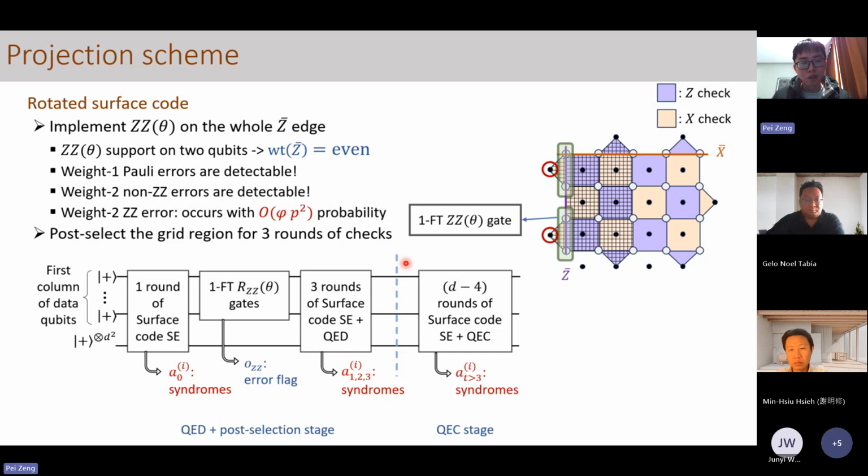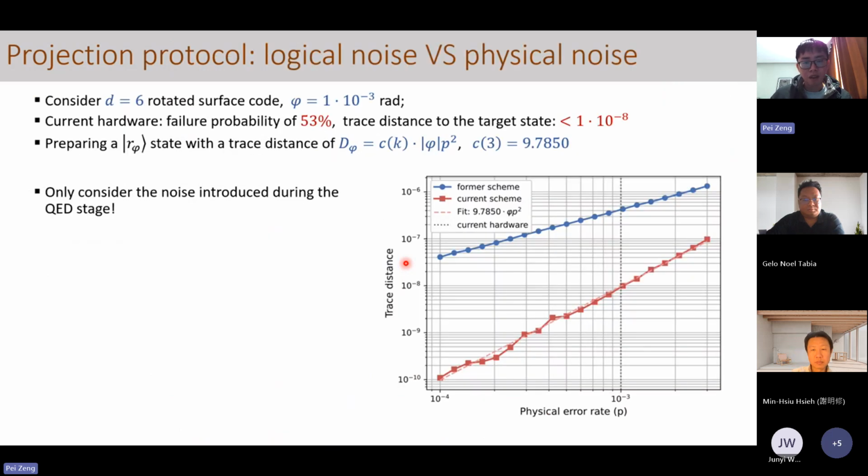We also numerically demonstrate the projection scheme, and we show that, for example, for a d equals 6 rotated surface code, you can prepare a rotation state with a trace distance, basically the error, of 10 to the -8, a very low error, when the phi angle is 10 to the -3.